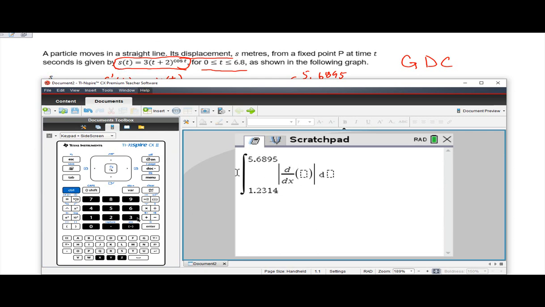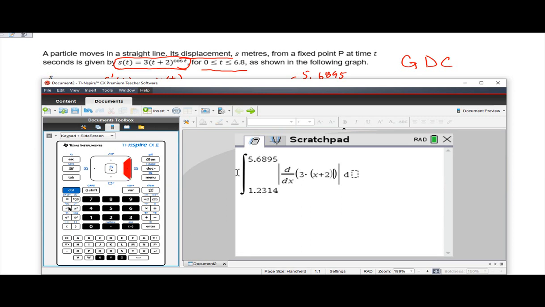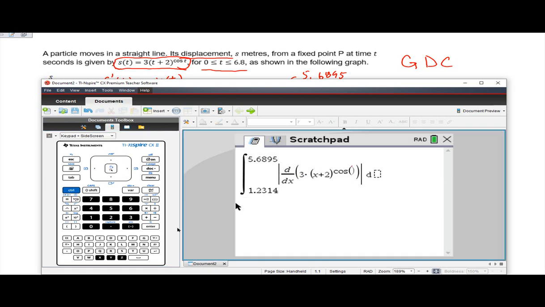So I'll get 3 times parentheses x plus 2 to the cosine x power. Double check, make sure everything looks good. Looks like everything is good, and we're integrating with respect to x.